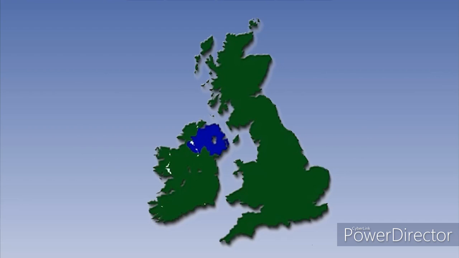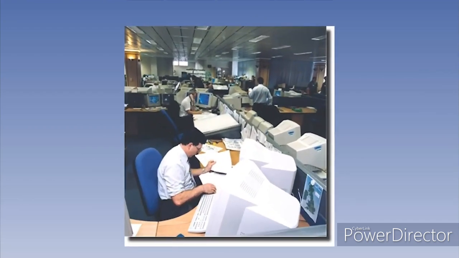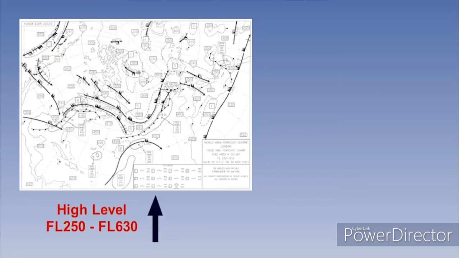The WAFC SIG weather charts are produced by two World Area Forecast Centres, or WAFCs, London and Washington. The WAFCs are responsible for producing high-level SIG weather charts, that is between flight level 250 and flight level 630 for the whole world.